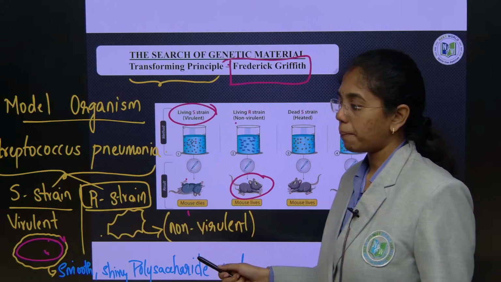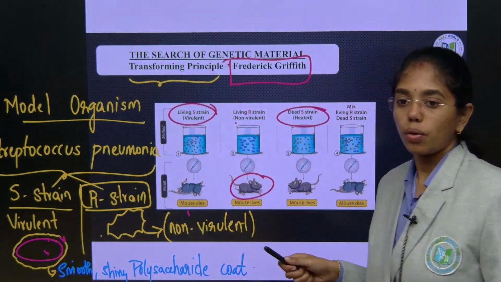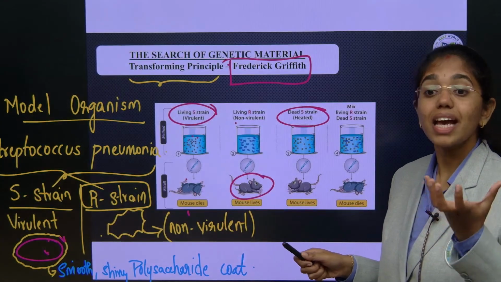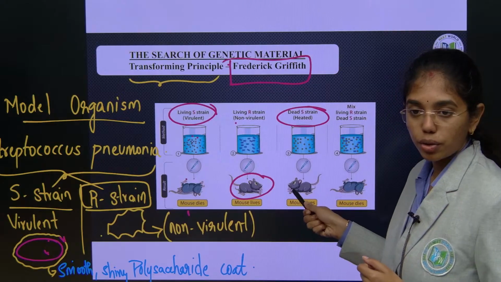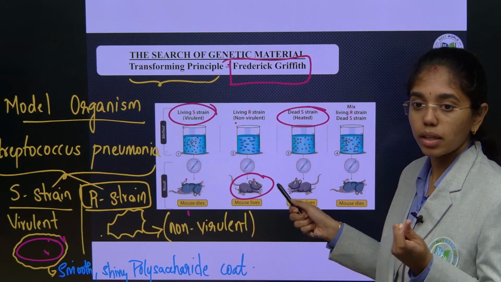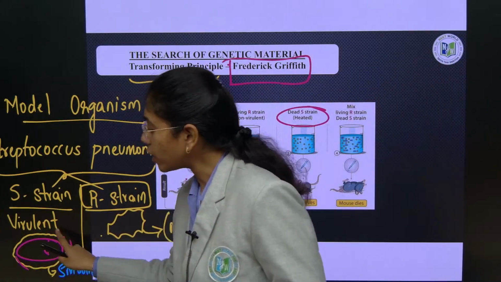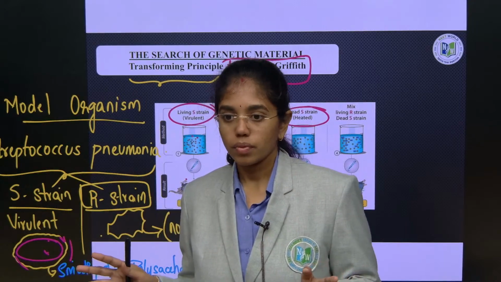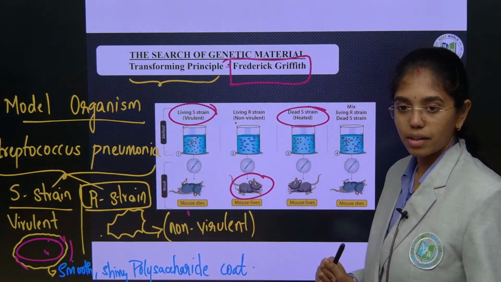Third model, the S strain will be heat killed. S strain bacteria is heat killed. When heat killed S strain bacteria is injected into the mice, the mice survives because due to heating the S strain, the polysaccharide coat is removed. There is no coat over it now. Now this is non-virulent and the mice survives.